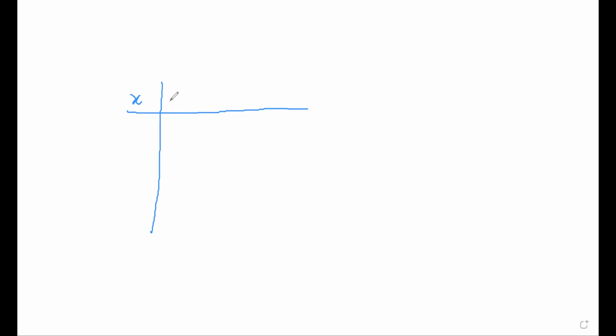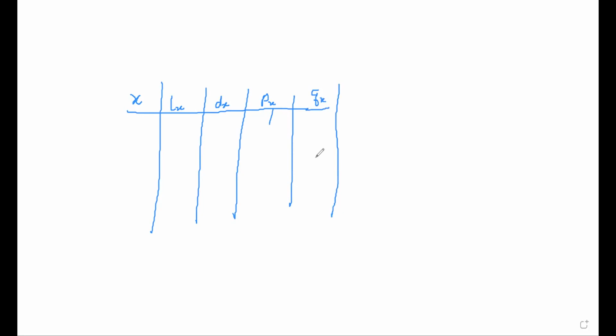Then this column could stand for lx, and then we'll have dx, px, qx. Great. There can be more variables in this table, but this is what I'm using for now.